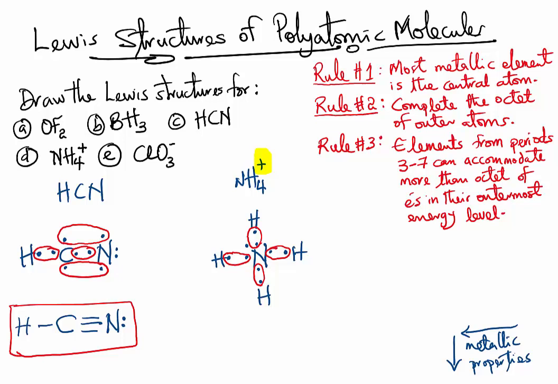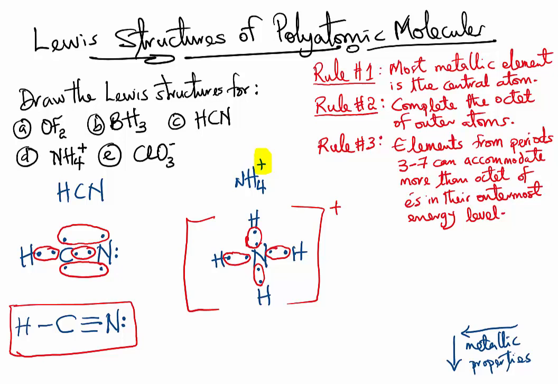So in this case, we have a +1, which means we should take 1 electron away, and I am going to take this electron away. So that electron has been taken away. And to indicate that an electron has been taken away, we will place a positive charge.